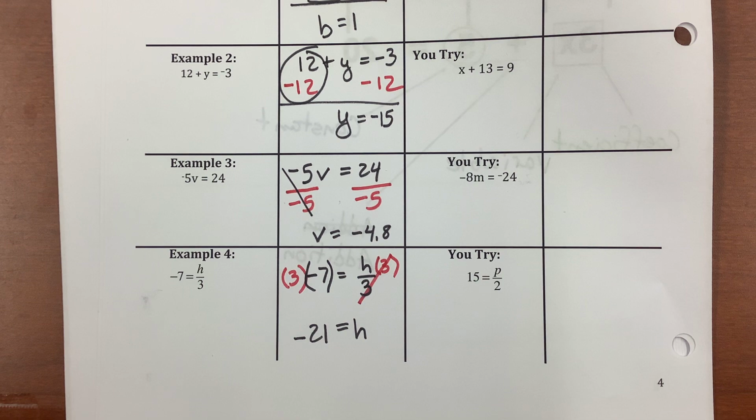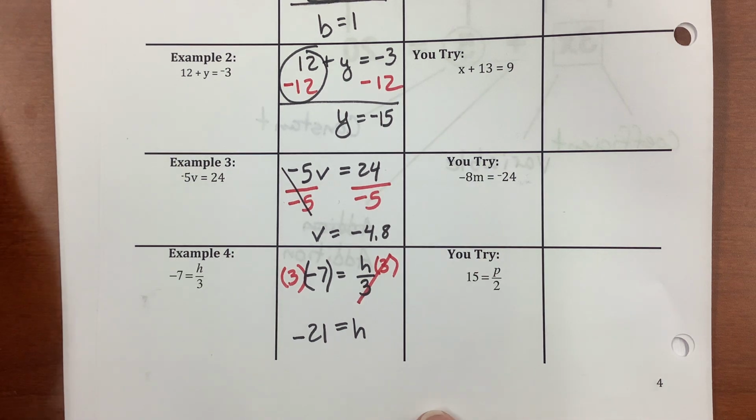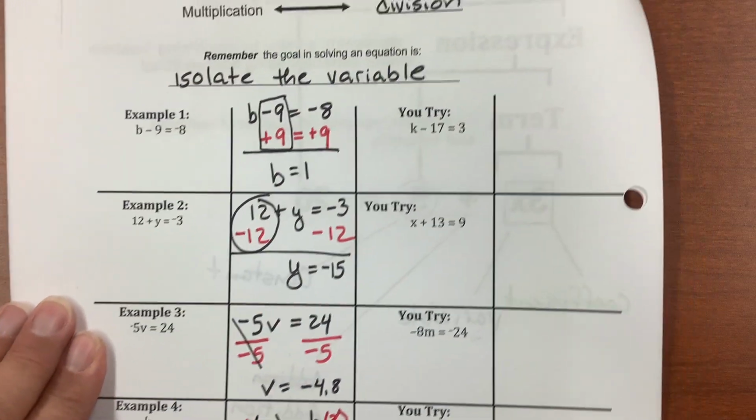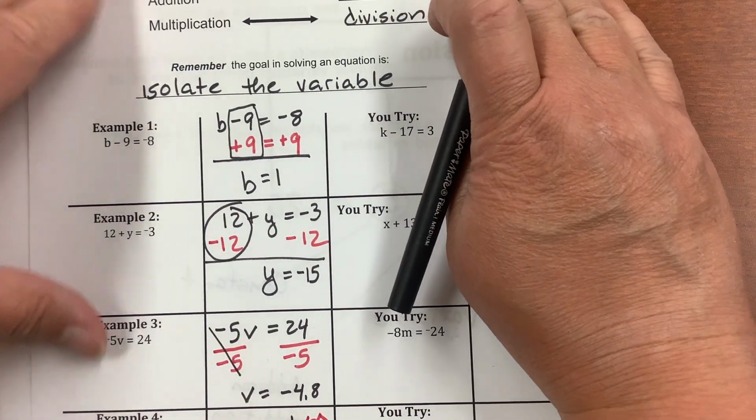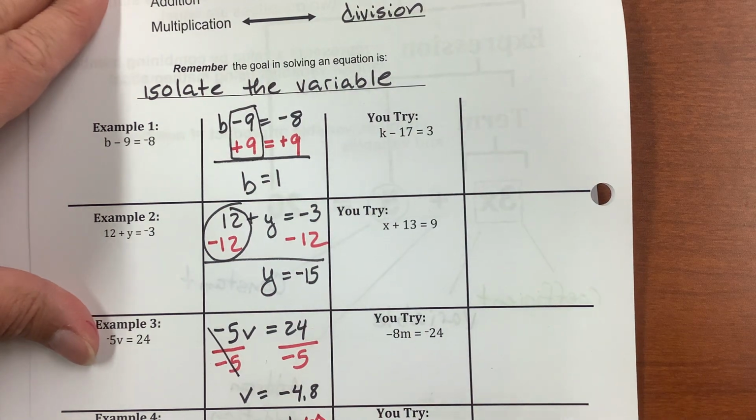Okay, I'm hoping that you tried the problems, because I always say it, the only way to learn math is to do math. So we're going to isolate some variables here.